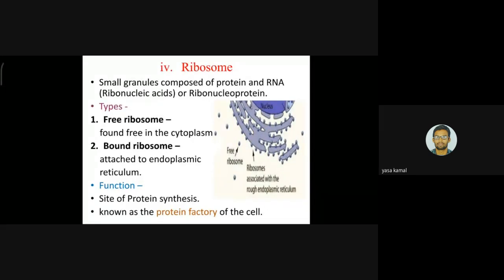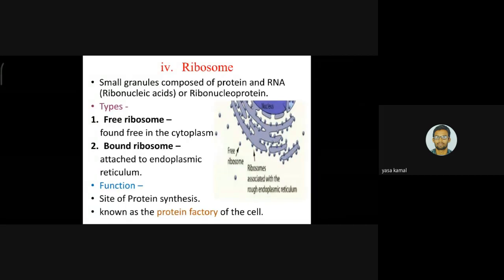But some ribosomes are moving free in the cell. They are not attached to any of the organelles. They are floating in the cytoplasm, just like mitochondria and lysosomes are floating. Those are free ribosomes. But some ribosomes are attached to endoplasmic reticulum. So please, anyone answer me, which endoplasmic reticulum has ribosomes in its body?